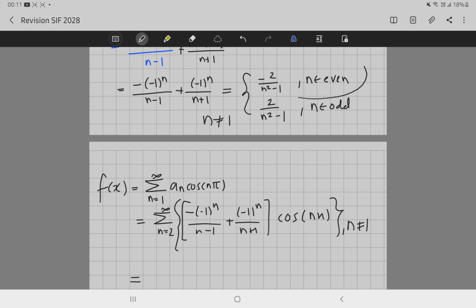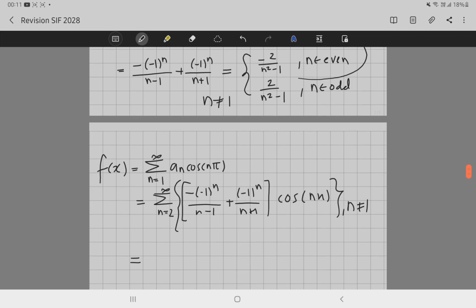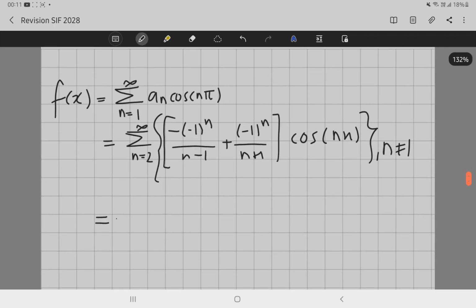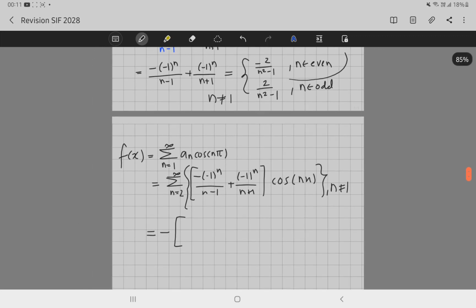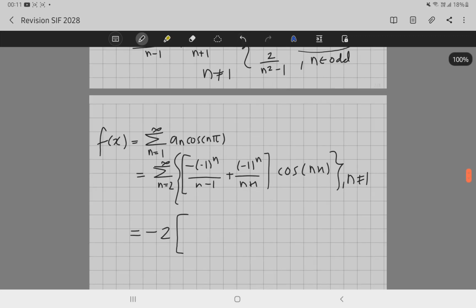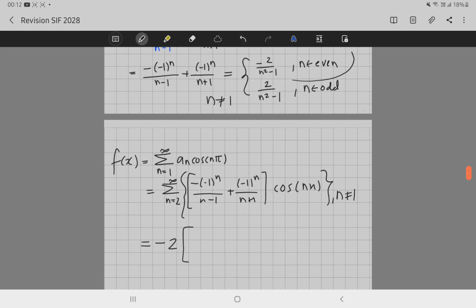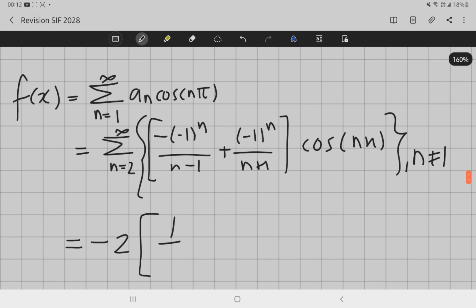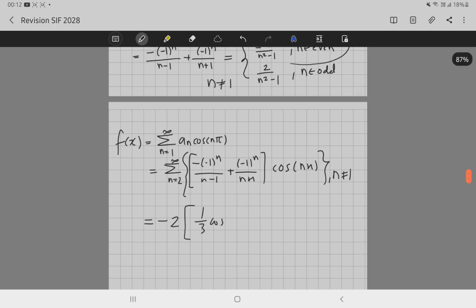So n equals 2, so it's minus, right? So let's bring the minus sign to the outside. Okay, we just bring 2 also and the minus sign, so it's 1 by n square minus 1. So 2 square is 4 minus 1 is 3, so 1 by 3 cosine, sorry, am I correct?